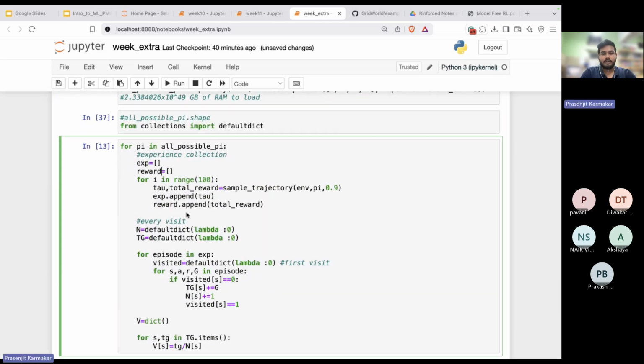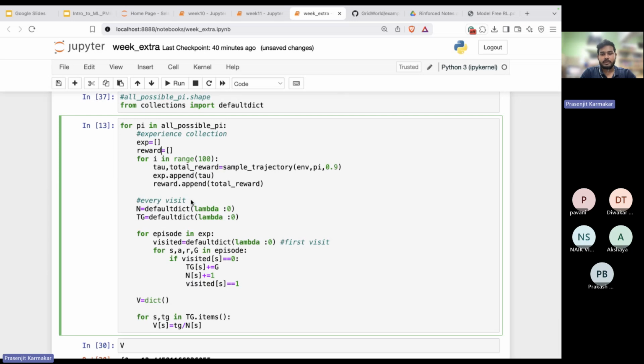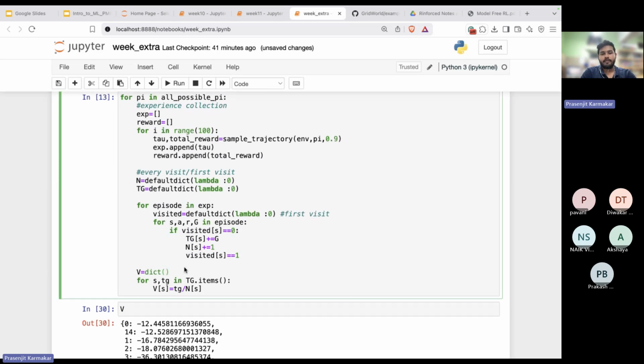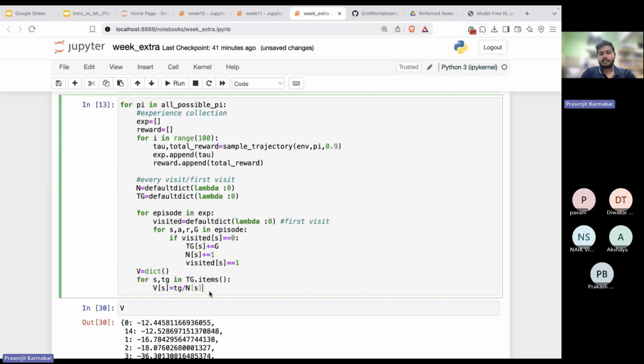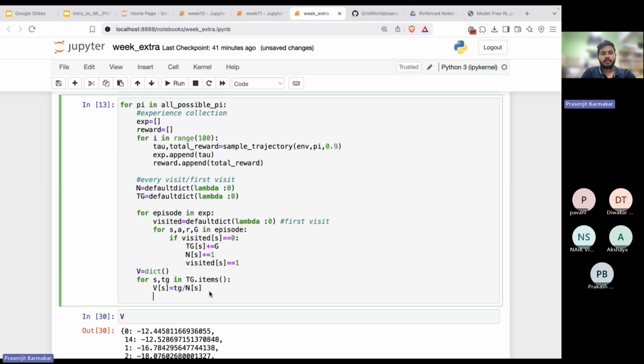So you collect experience, let's say first visit Monte Carlo, get the value function, and from the value function, you get the mean value function. So np.mean of the values that you get, right?